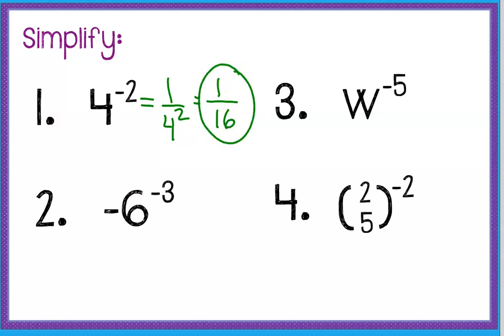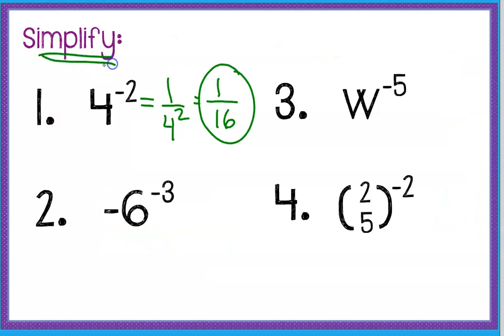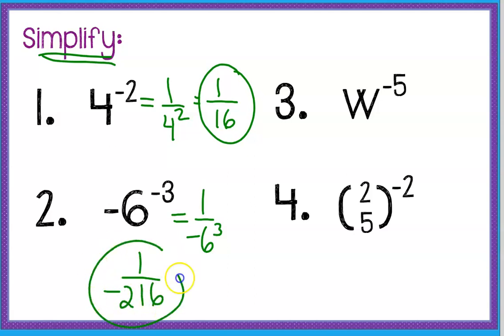So if you're asked to use positive exponents, you need to leave your answer in exponent form. But if you're asked to simplify, then they actually want you to perform the math. Same is true here. 1 over negative 6 to the 3rd power would be how to write it with a positive exponent. 1 over negative 216 is what it would be if you'd performed negative 6 times 6 times 6.